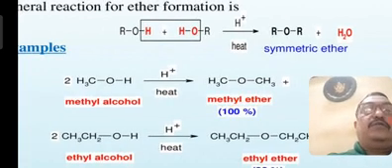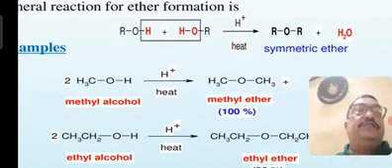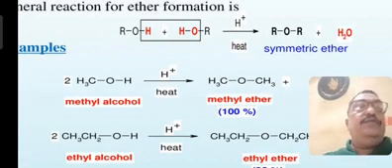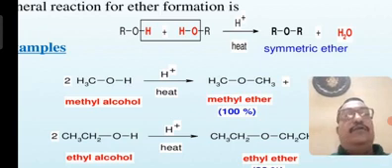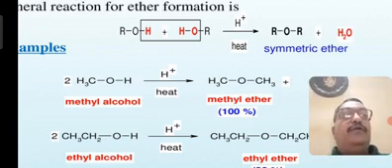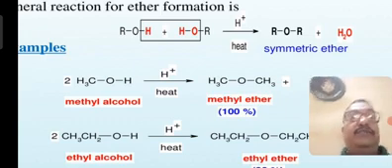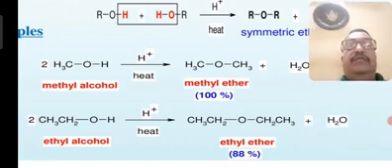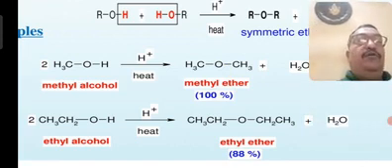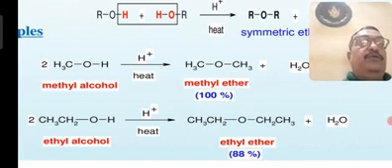For example, in CH3OH, methyl alcohol, two molecules when heated in the presence of an acid undergo elimination of a water molecule to form CH3OCH3, that is your simple methyl ether or methoxymethane. Similarly, two molecules of ethyl alcohol in the presence of an acid give C2H5OC2H5 plus water.